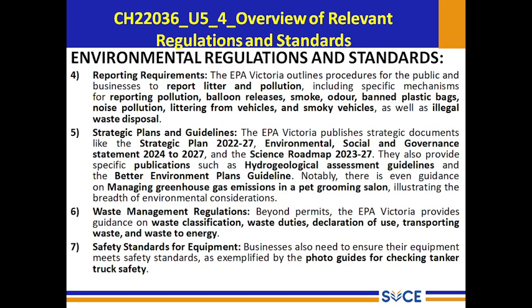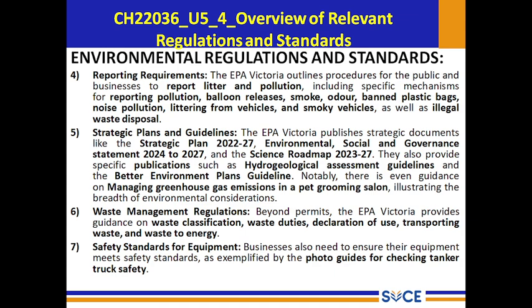They also provide specific publications such as hydrogeological assessment guidelines and the Better Environmental Plan guidelines. Notably, there is even guidance on managing greenhouse gas emissions in a pet grooming salon, illustrating the breadth of environmental considerations.